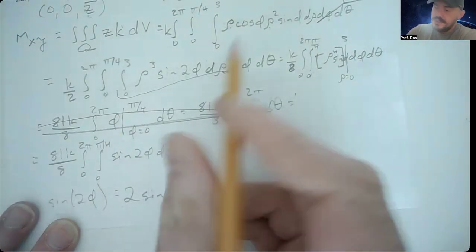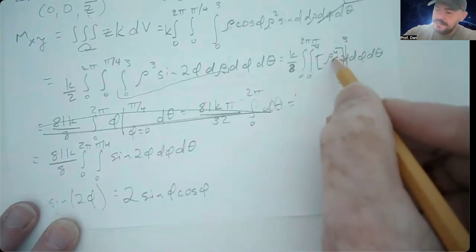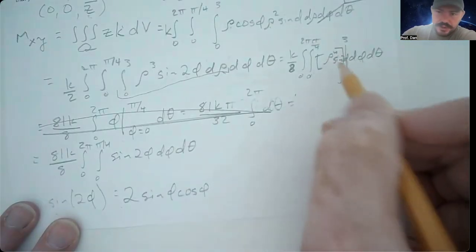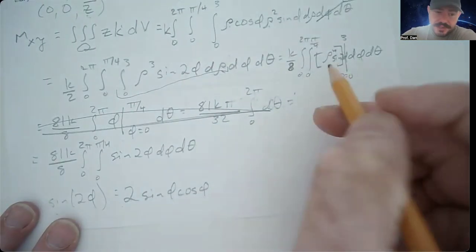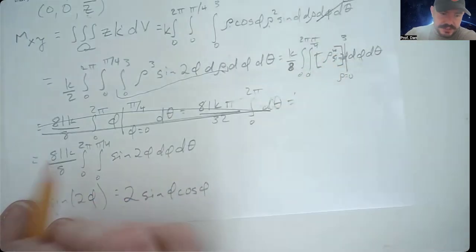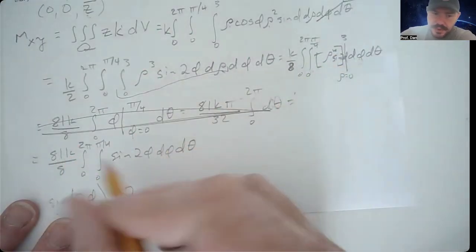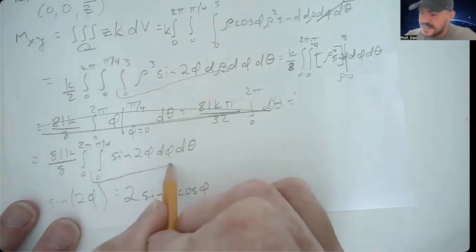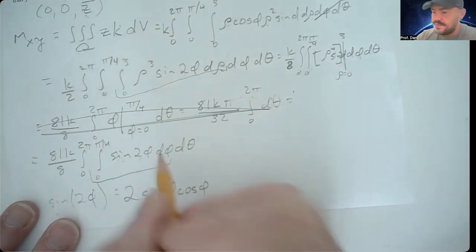Right. Because the part that we get from evaluating rho is still going to be 81, right? So we can still pull the 81 out front like we did here. So at this point, we're doing the integral of sine of 2 phi d phi.